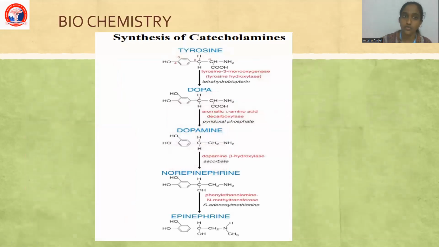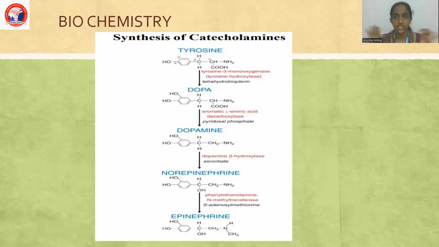Now we have seen a lot about anatomy, a few things about physiology. Now the biochemistry. Where are all these reactions starting from? It is from tyrosine. From tyrosine we have the dopa form, then dopamine forms, then norepinephrine forms, and finally adrenaline forms.